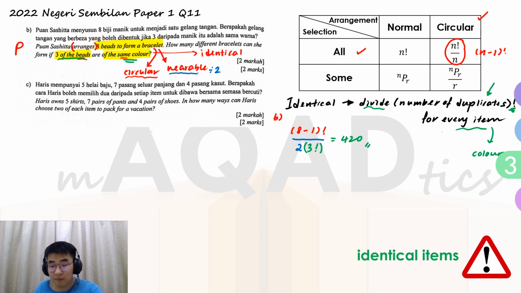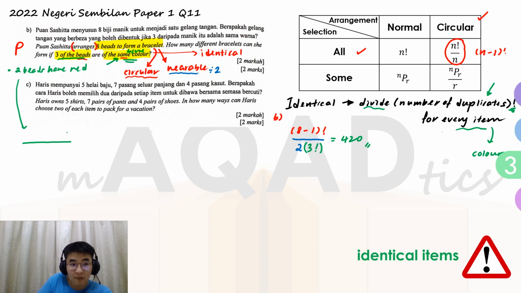So you may be wondering, if let's say we have another condition, where another 2 beads have the same color but different from this color. Let's say this color is blue and the new one here is red. So how do we find the number of arrangements? Here it is actually the same thing.